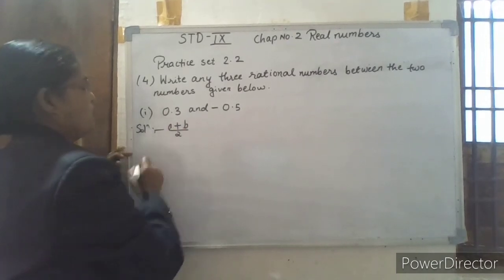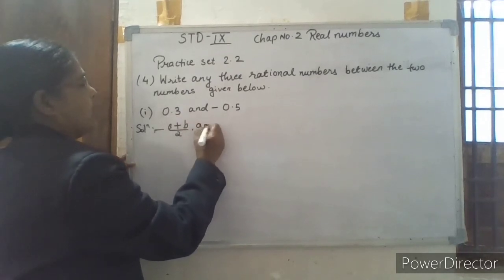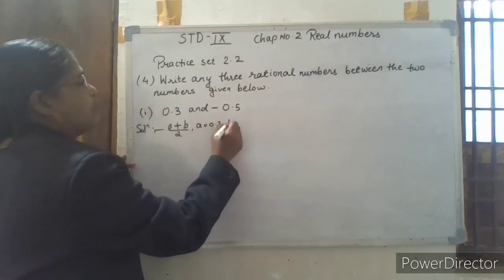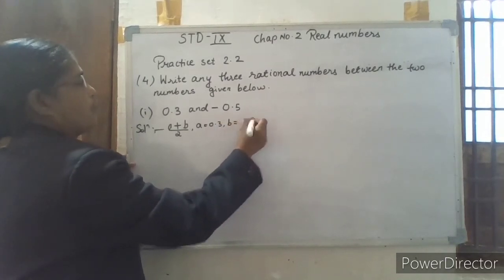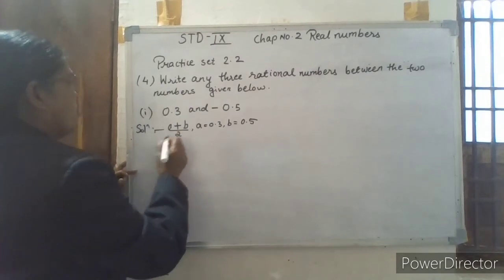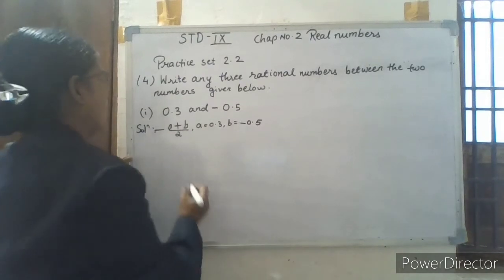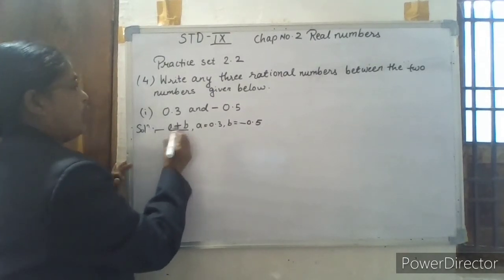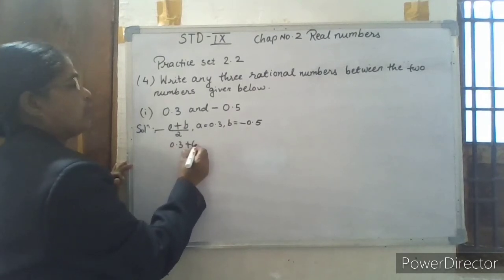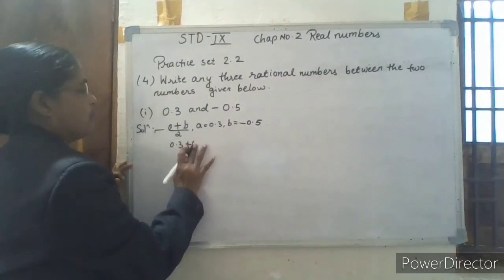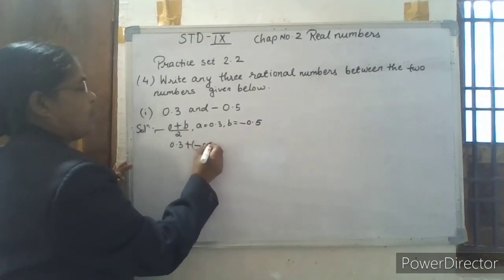So in this formula, a is equal to 0.3 and b is equal to minus 0.5. Now, a plus b: 0.3 plus, in the bracket you take minus 0.5, upon 2.